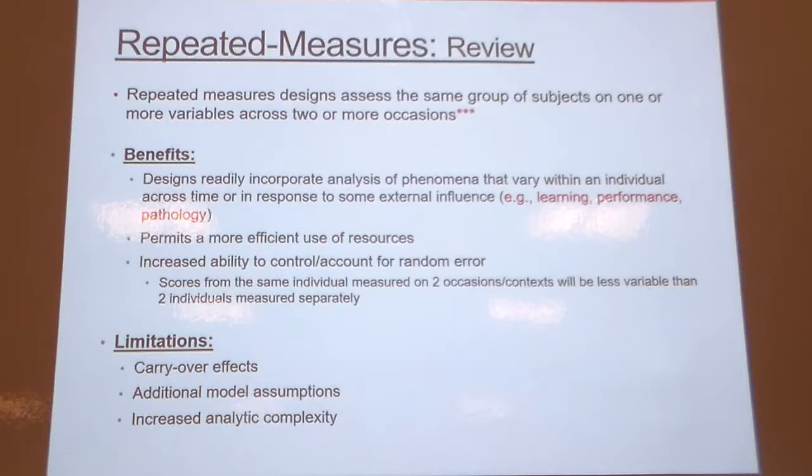Okay. So benefits of these, a lot of the types of things that we're looking at, right? A lot of the phenomena that we're interested in looking at kind of is responsive to these types of designs, right?